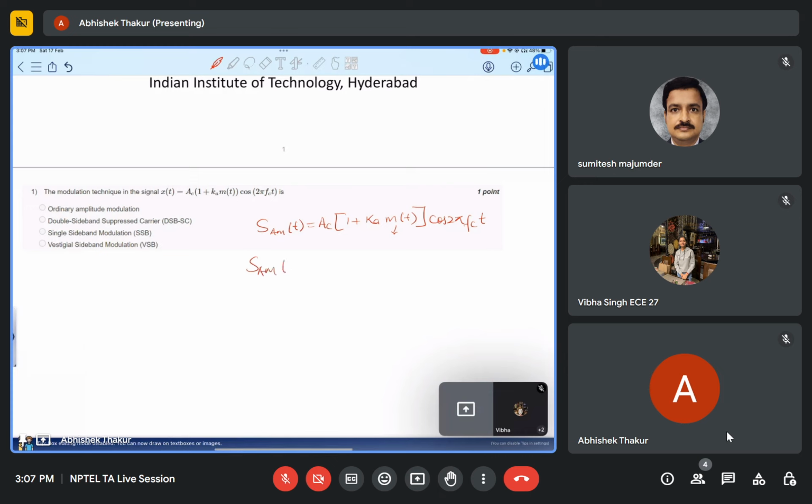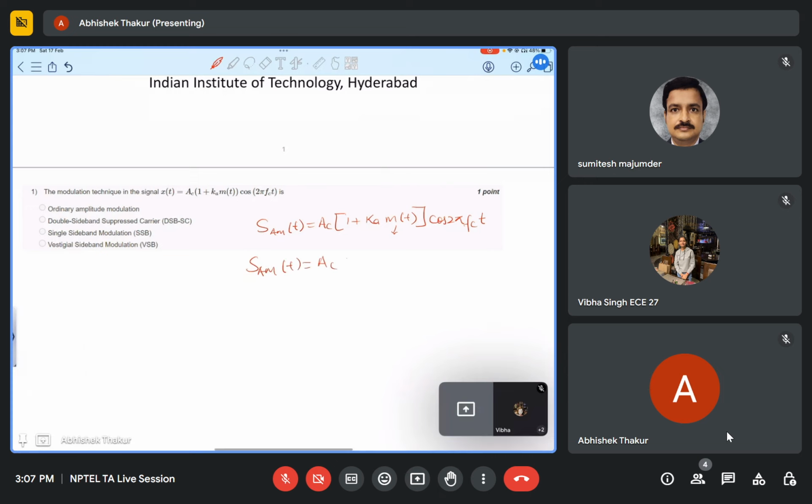So this can be written as Ac cos 2πfct, which is our carrier signal, plus Ac ka m(t) cos 2πfct, and this is the modulated signal.